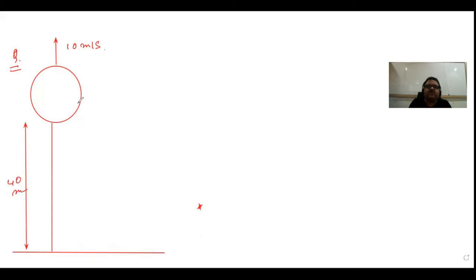A ball is dropped from the balloon. Correct. Find the time after which the ball will strike the ground.